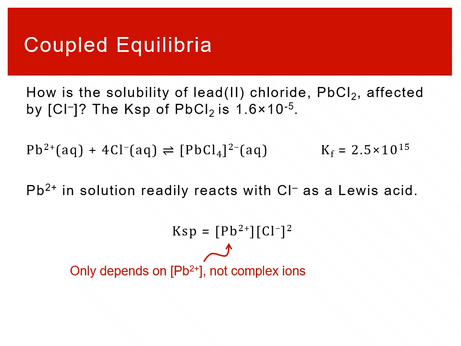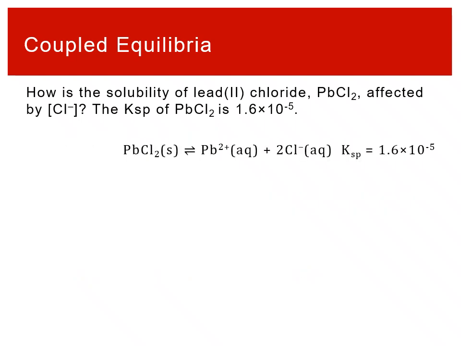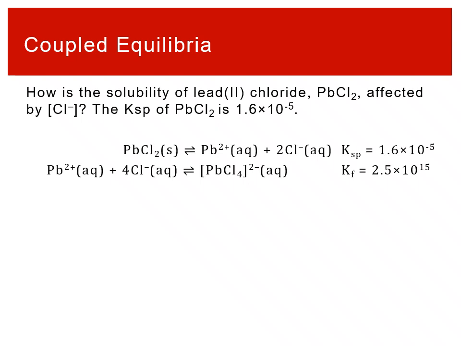But if those lead ions end up reacting and becoming these complex ions, then that wouldn't fit into this equilibrium constant. So more could dissolve. We have our reaction of dissolving: PbCl2 reacts to become Pb2 plus and 2Cl minus. Our second reaction is that the dissolved lead-2 cations react with 4 chlorides to make the complex ion.